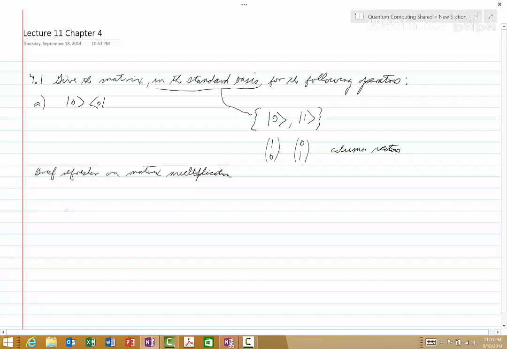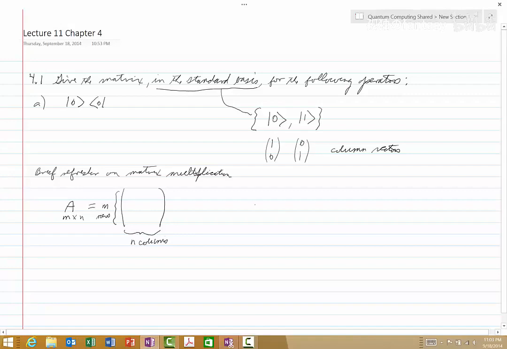Let's say that A is an M by N matrix. What that means is that if we write out A, it will have M rows and N columns.